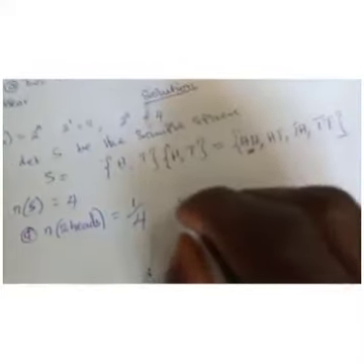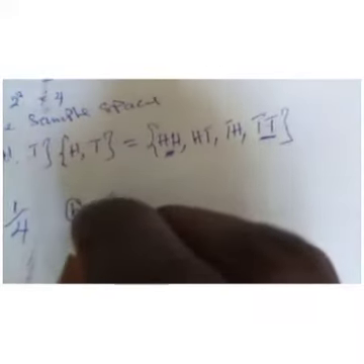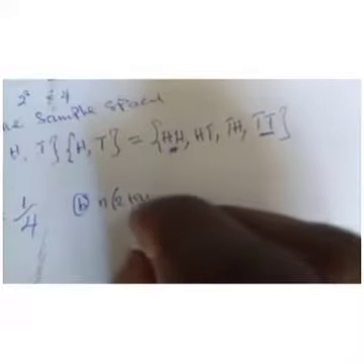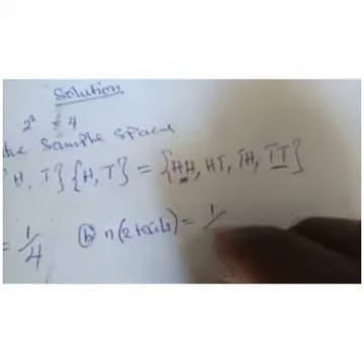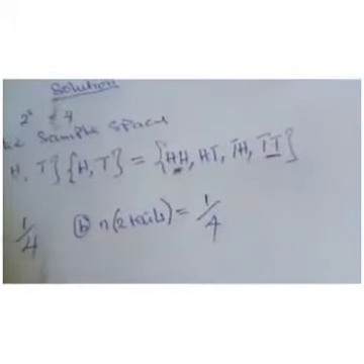Okay, and the B part says the probability that is two tails appear, and if you see where the two tails appear is only once, so here now it will be the probability of two tails will be equals to 1 over 4.